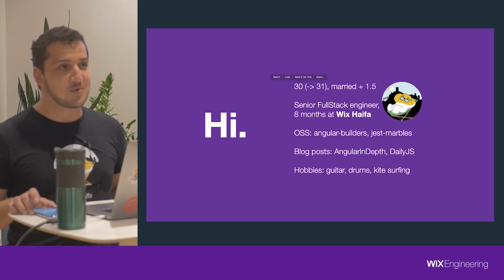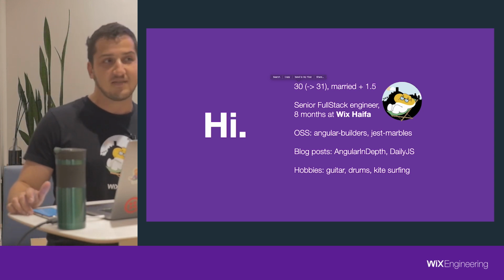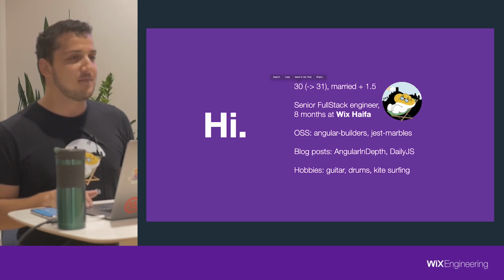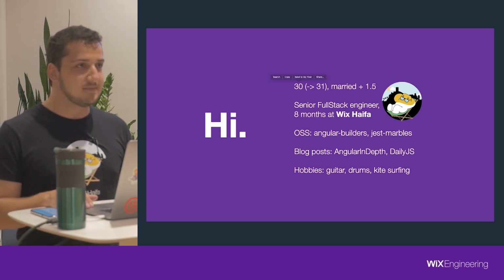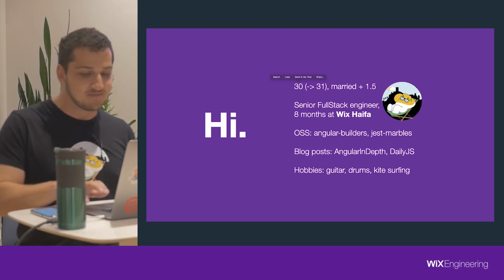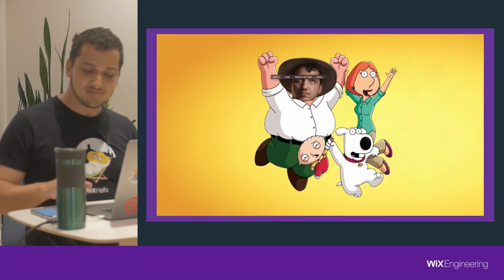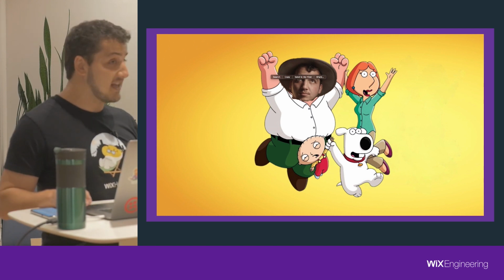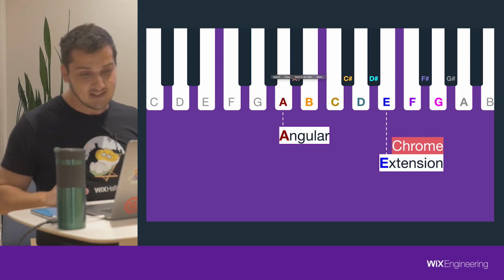So it's not a surprise that my team does not believe that I have a family. But I do have a family. I have a beautiful wife and a son, and I took a picture of my family to prove them wrong. Okay? So I know you're going to say it's not you, it's Family Guy, but I am a Family Guy, guys.